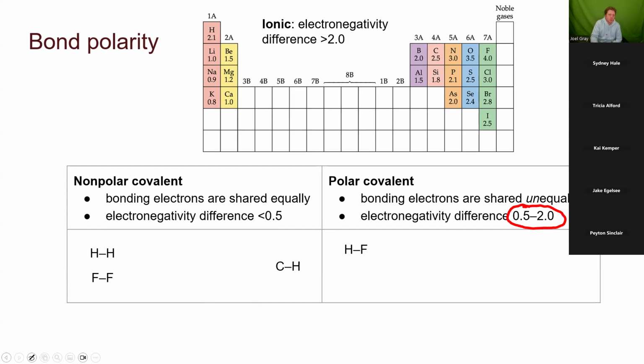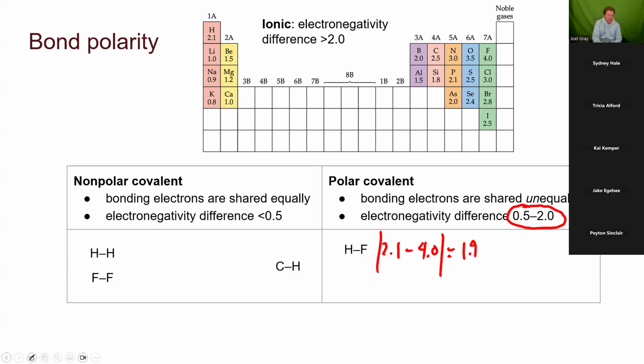If the difference between our atoms is between 0.5 and 2.0, that means our bond is classified as polar. So polar covalent. Now, what does that mean? Let's put the numbers down. 2.1 minus 4.0, absolute value, this is 1.9. Is 1.9 between 0.5 and 2.0? Absolutely.